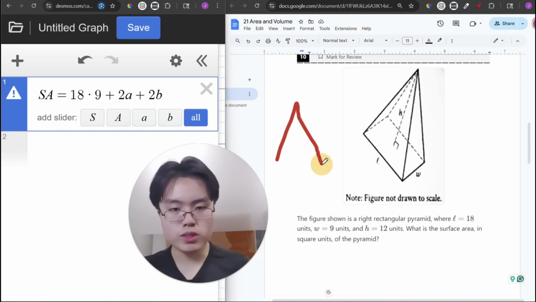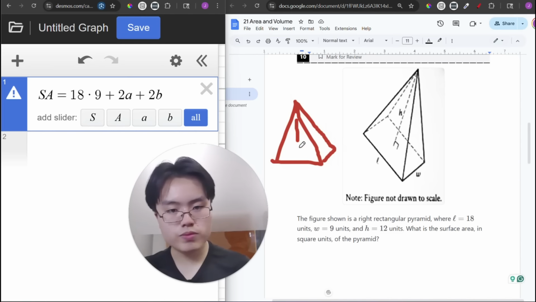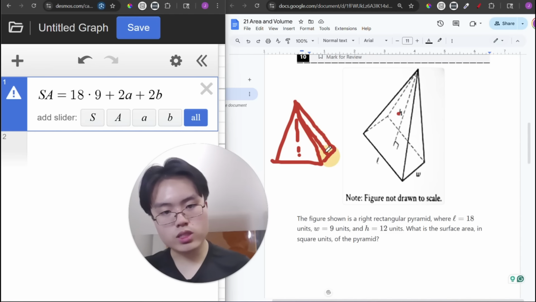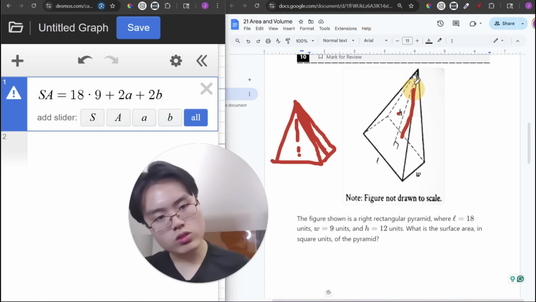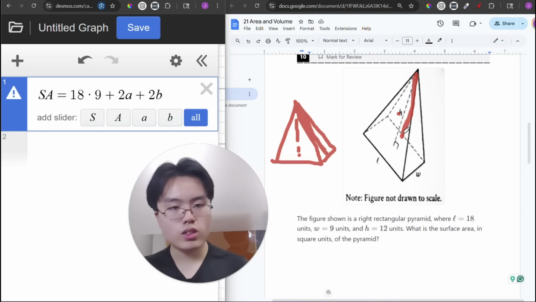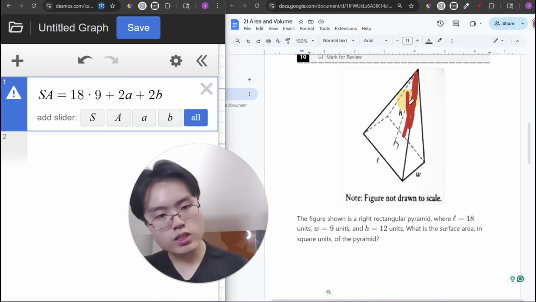If you have a pyramid, the height from the tip of the pyramid to the base, the height shown here, is a different number than the slant height. This diagonal thing, the height of the triangle of the side we're facing, is a different measure than the height of the entire pyramid.